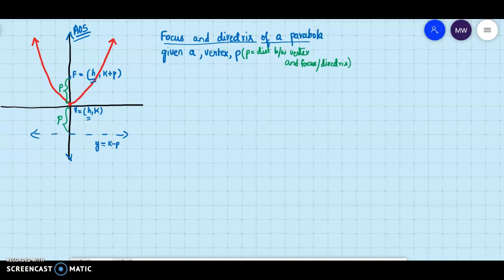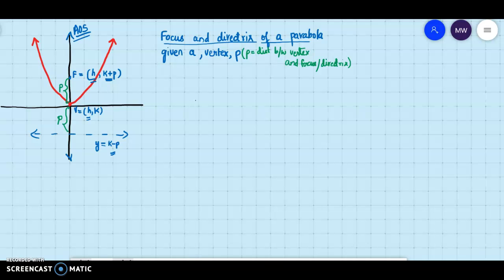And since the focus is p points above the vertex, on the y-coordinate with the k, you're adding the p. That's how this became k plus p. And since the directrix is p points below the vertex, the equation of the directrix becomes y equals k minus p.